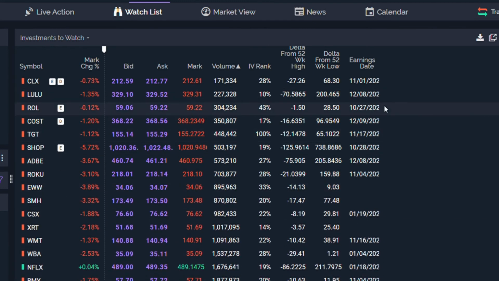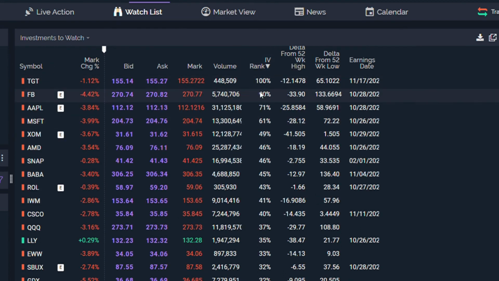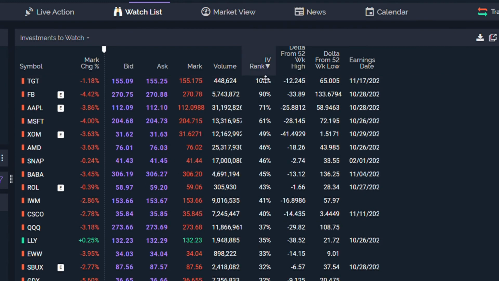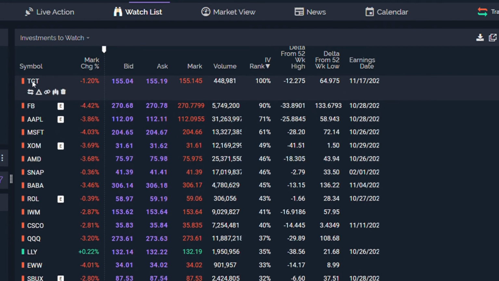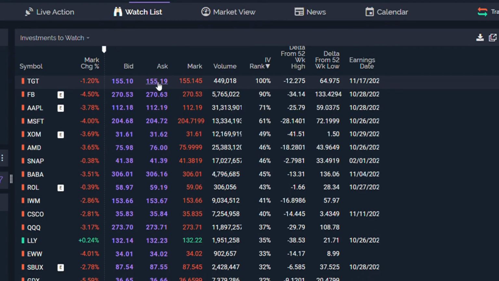Then another way you can do it is sort by IV rank, and this will tell you where you can get the most premium from selling a contract. So Target, that's always making big moves, so it has really high volatility right now.